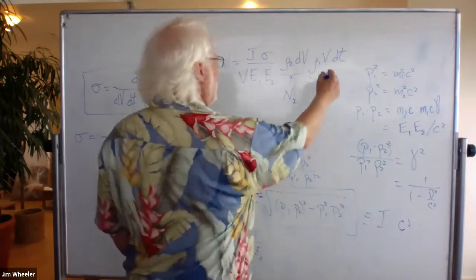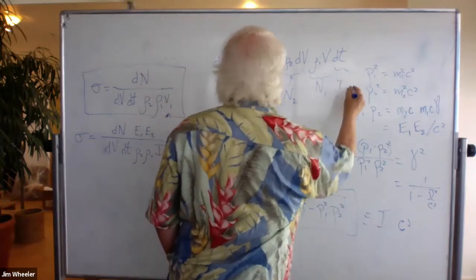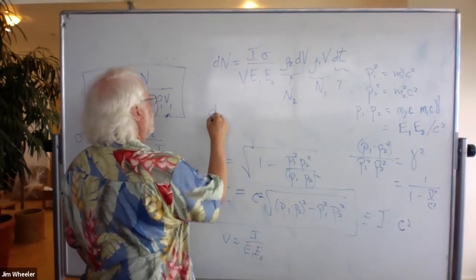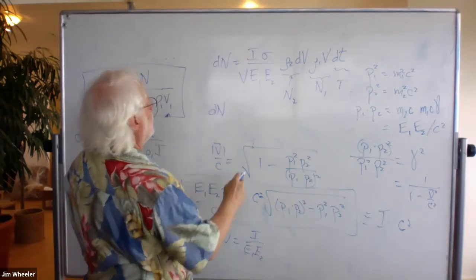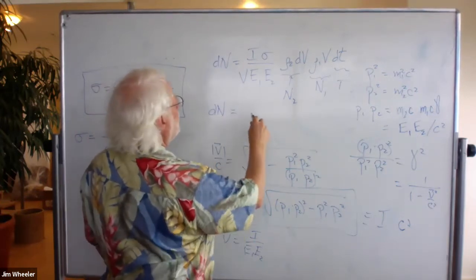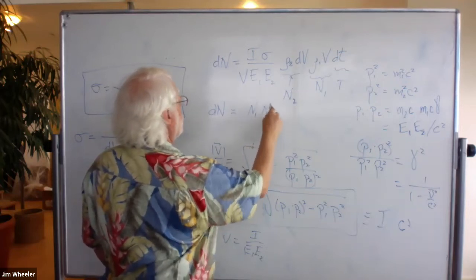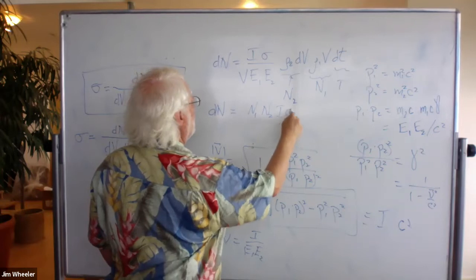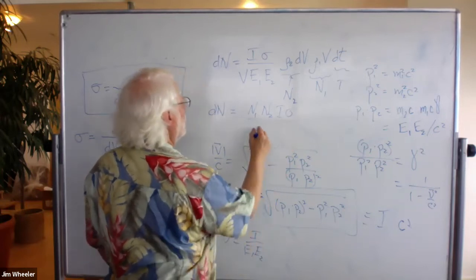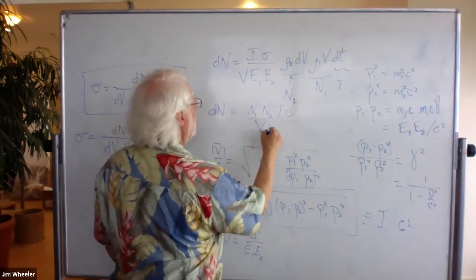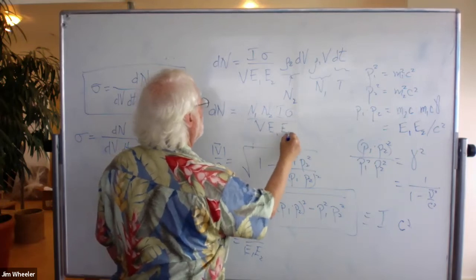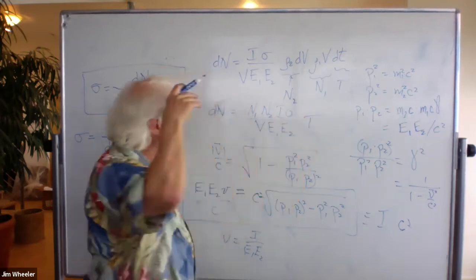Then I integrate over time, and this becomes a total time t. So the number of interactions is now going to be written as n1, n2 times this invariant I times the cross section over v, E1, E2, times t.